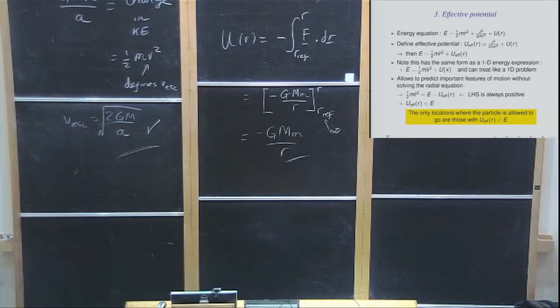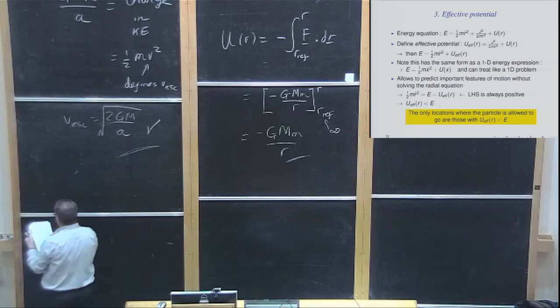Let's say it always has to be positive. And this means that for allowed motion, we conclude that the total energy must always be greater than the effective potential. So if we draw any plot or graph of effective potential, the total energy being greater than the effective potential energy defines the allowed region of motion.